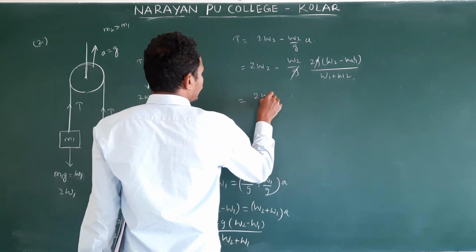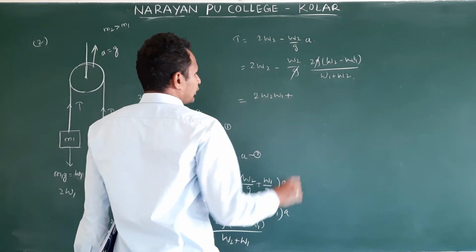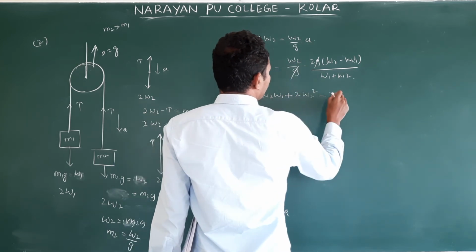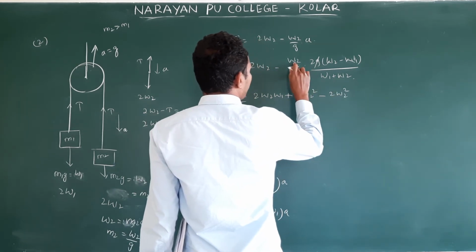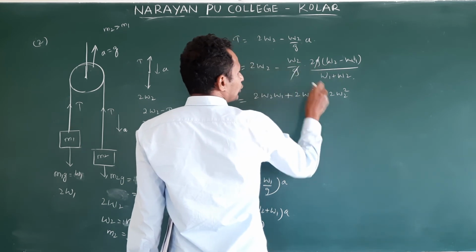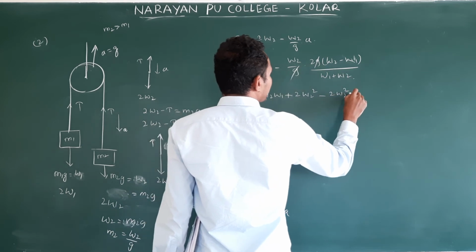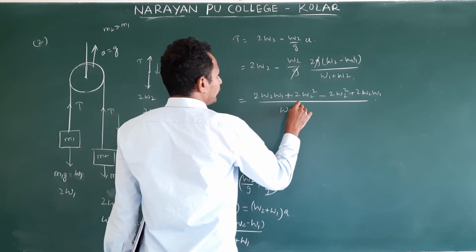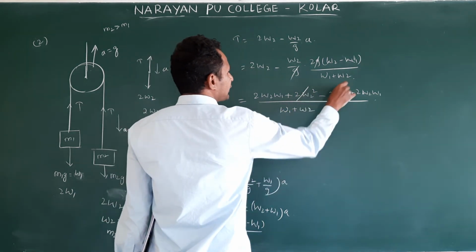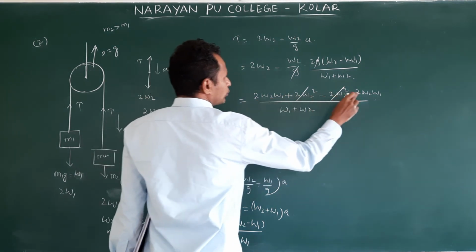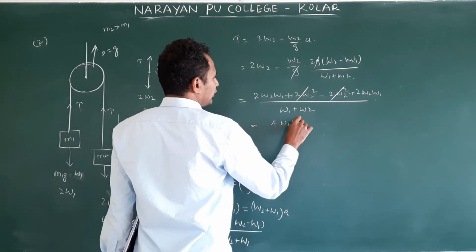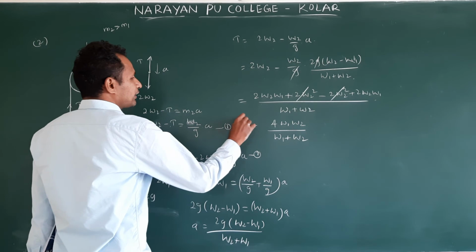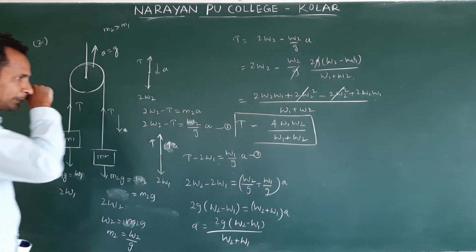LCM: 2W2 W1 plus 2W2 square minus 2W2 square. Minus into minus is plus 2W2 W1, by W1 plus W2. Plus and minus cancel. 2W1W2 plus 2W1W2 is 4W1W2 by W1 plus W2. This is the tension in the string.